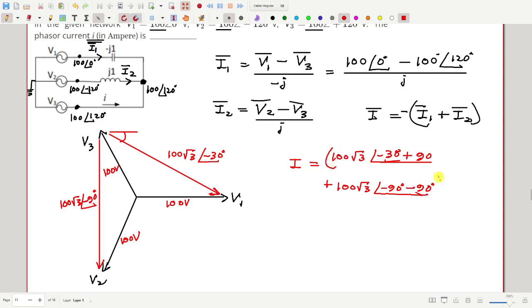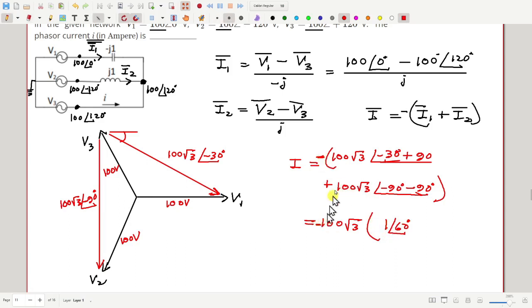This is the sum of I1 plus I2, but we also have to put this minus sign from here. You can even use a calculator to solve it, but anyway, let us do it on pen and paper. So can you tell me how to simplify this? Let me write 100 root 3 common. Then we have 1 angle 60 degree, and let me put this minus outside.